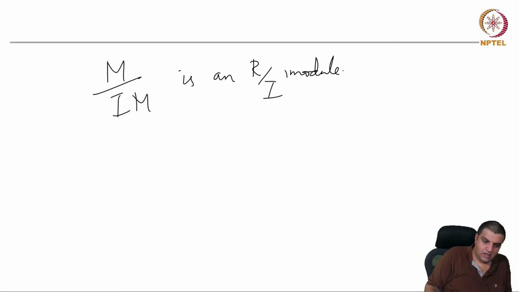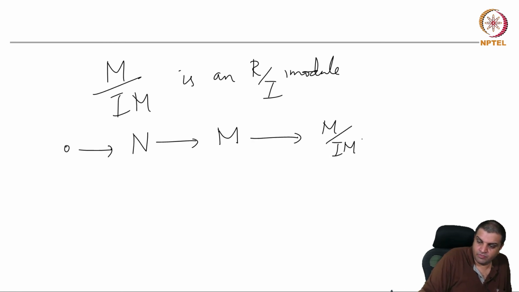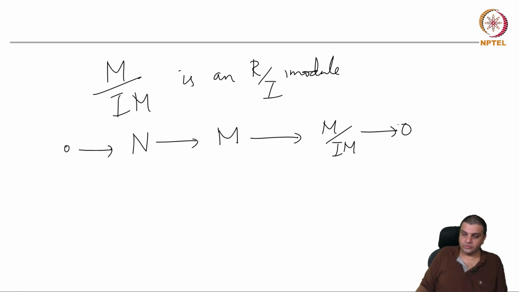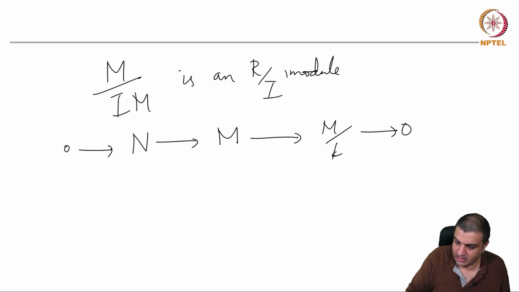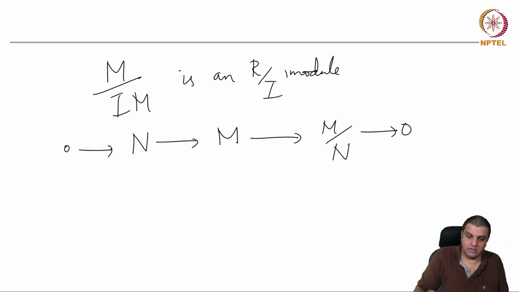Okay. And if we have N inside M, we had an exact sequence 0 to N to M to M mod N to 0. So now what if we further go modulo the submodule generated by I inside them.